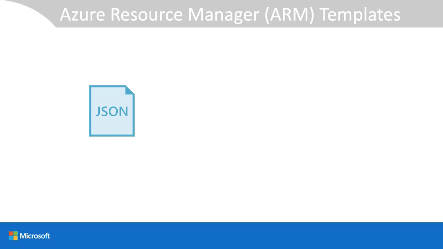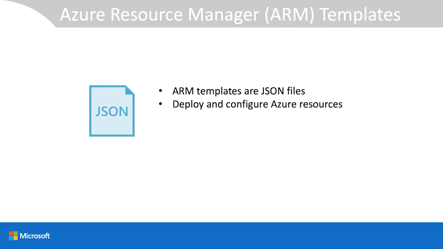We've already talked about Azure Resource Manager, or ARM, and how it helps to create and manage Azure resources. Let's take a deeper look now at ARM templates. ARM templates are JSON files. That means they are human-readable files, and they're used by ARM to deploy and configure Azure resources.